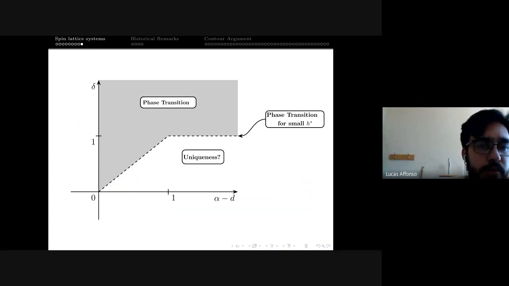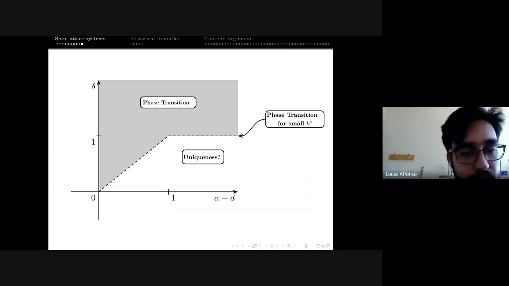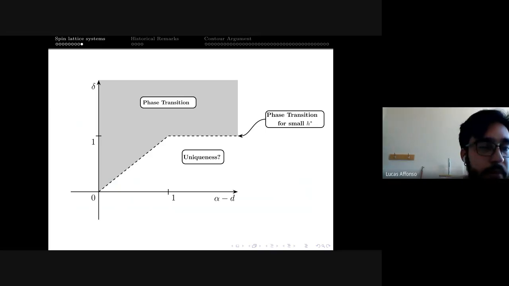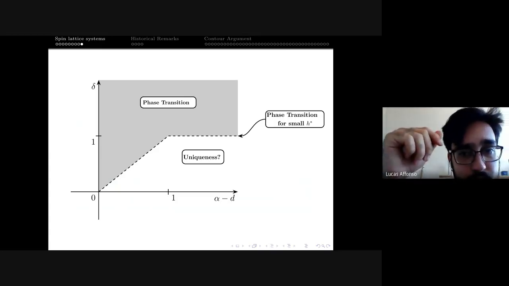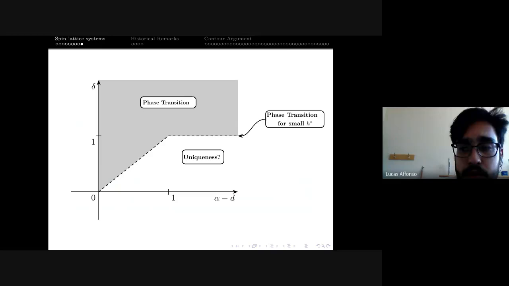The gray region is where we have phase transition. The x-axis is alpha minus d, the y-axis is the delta axis, and we have phase transition for all the gray region, and on the dashed line, we also have a phase transition, but the constant h star should be small.